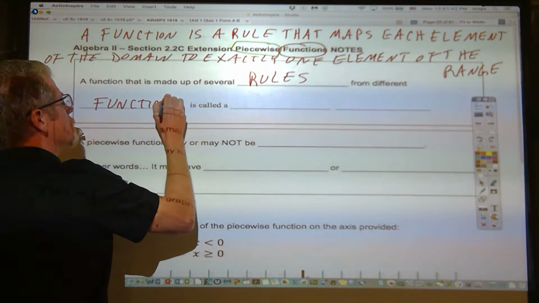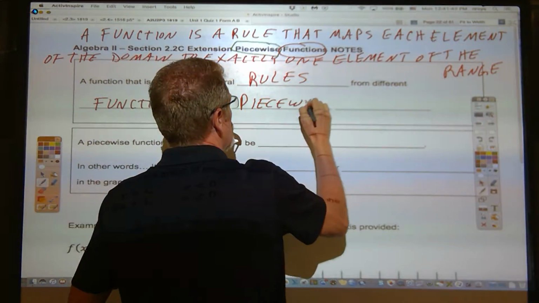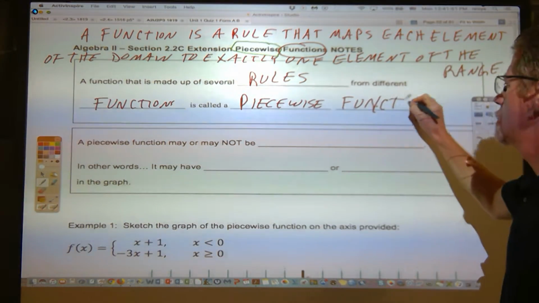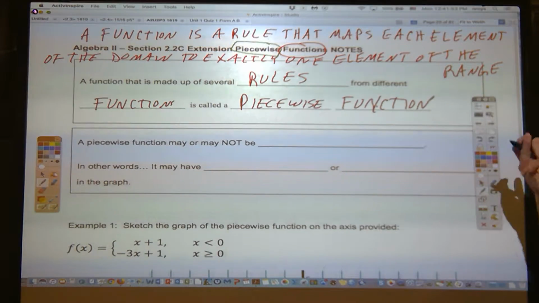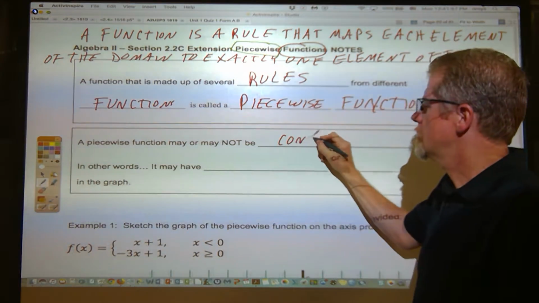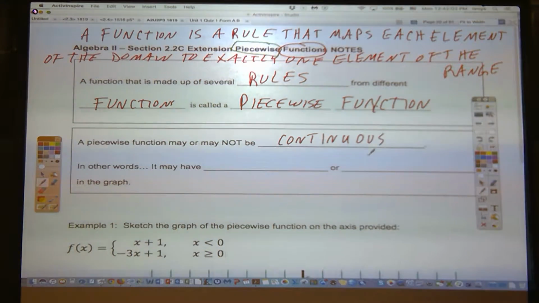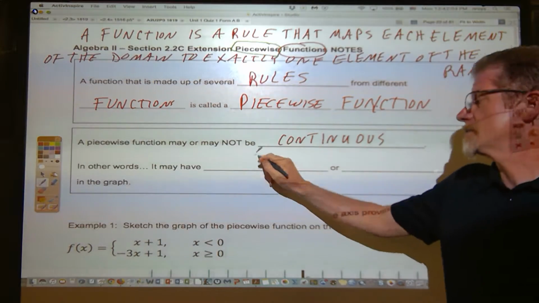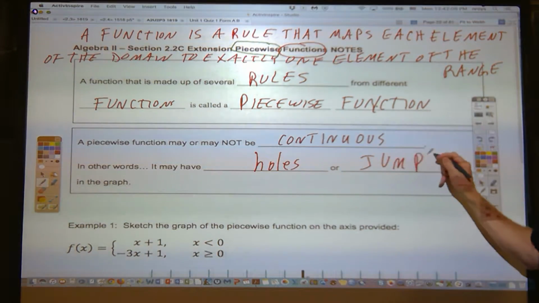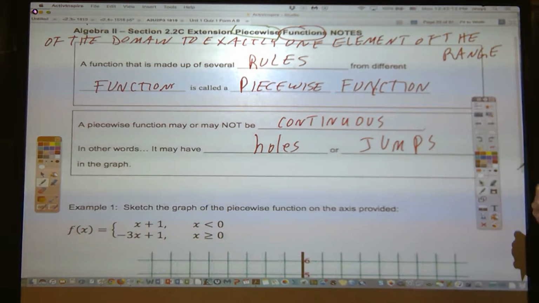Different functions is called a piecewise function. Now, a piecewise function may or may not be continuous. In other words, it may have holes or jumps in the graph. And so we'll be talking about holes and jumps in the graph today.